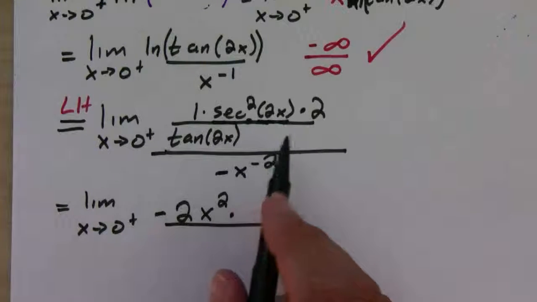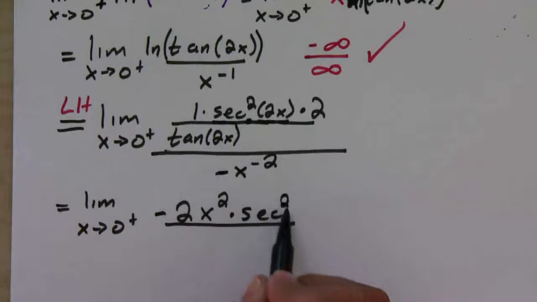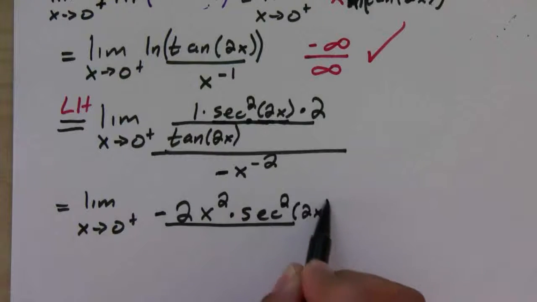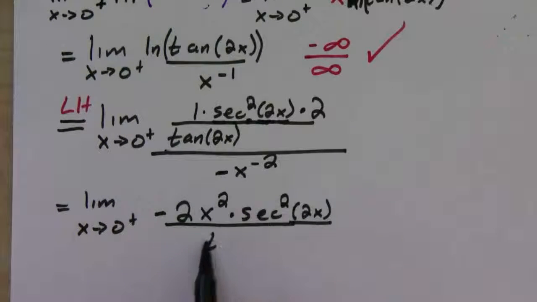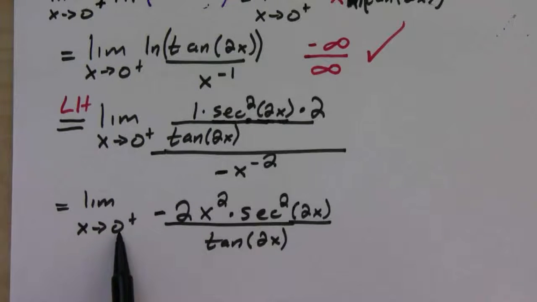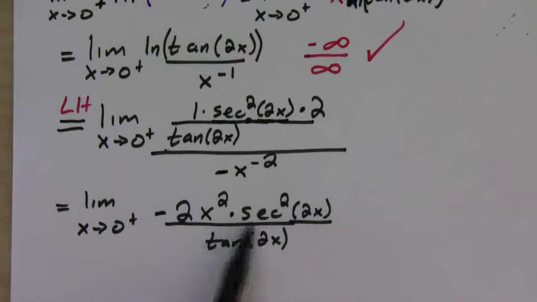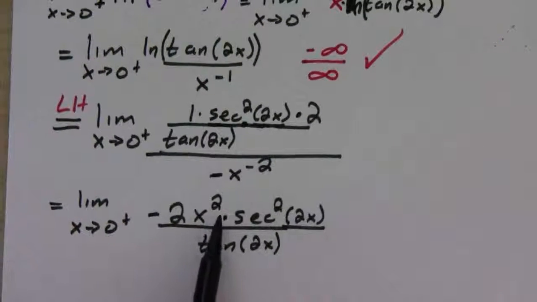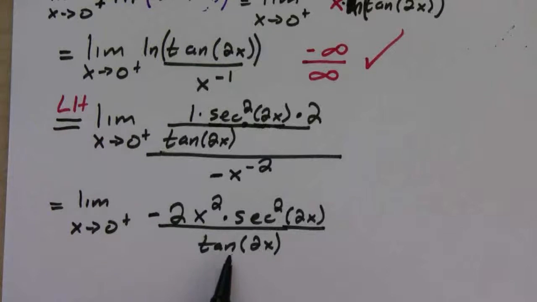And then we have secant squared of 2x over tangent of 2x. Okay, and so if I plug in 0 here, well, I get 0 times secant, remember, is 1 over cosine, and cosine of 0 is 1, so I have just 0 over 0.